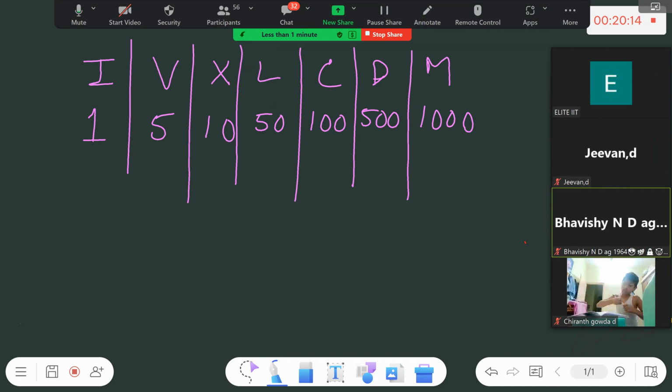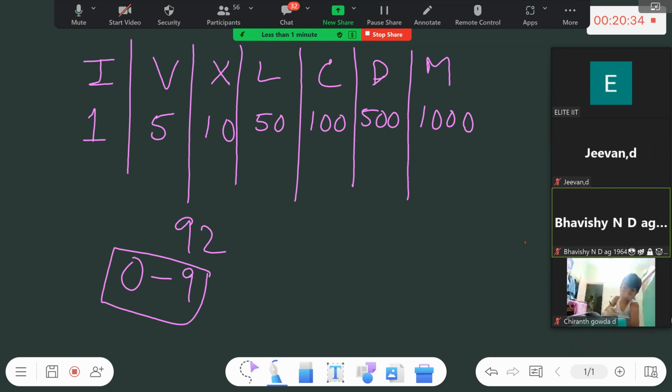Now you may need to write some numbers between them, isn't it? If somebody asks you to write maybe 92, you can use Roman numerals to write them. You'll be using these Roman numerals. These are some standard Roman numerals.